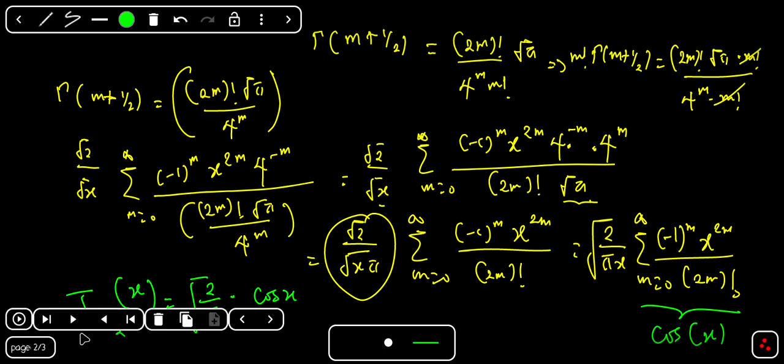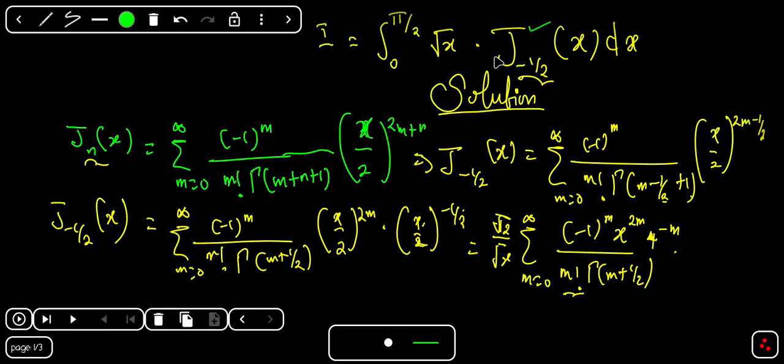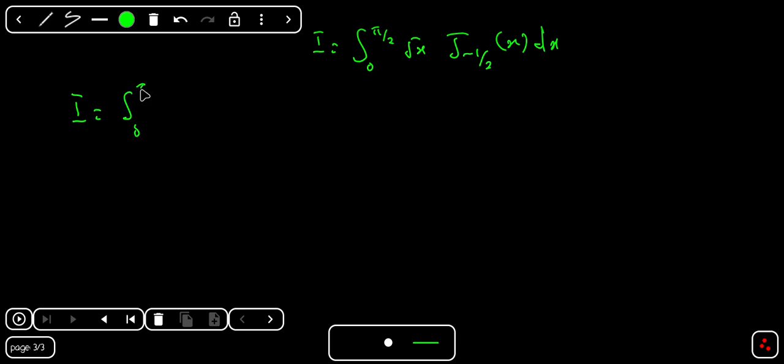All right, guys. And then if you check the question, we are asked to evaluate this. So we now have what our Bessel function of order negative half is. So we can now solve the integral given to us, which is I equal to the integral from 0 to pi over 2 of square root of x multiplied by the Bessel function of negative half of x dx, where this is square root of 2 over pi x multiplied by cos x. So we have I equal to the integral from 0 to pi over 2 of square root of x, multiplied by square root of 2 over pi x, multiplied by cos x dx.